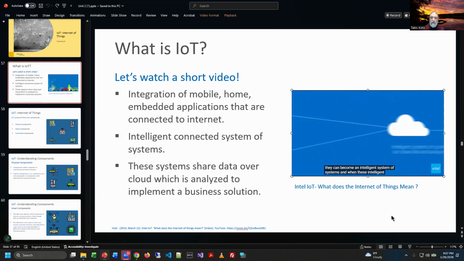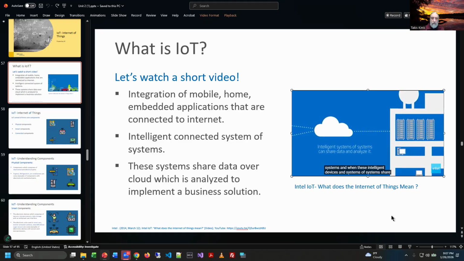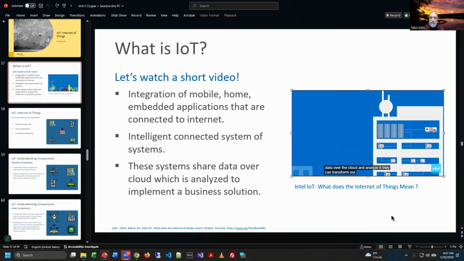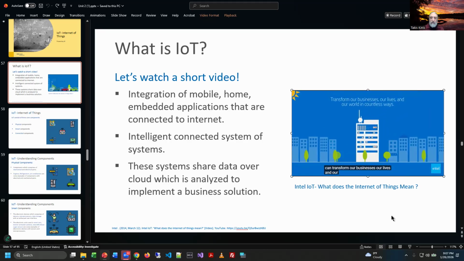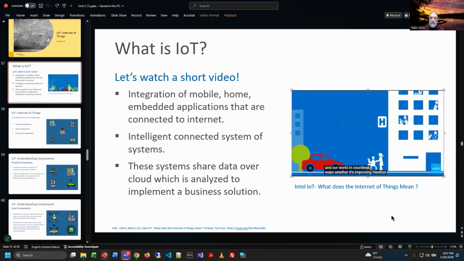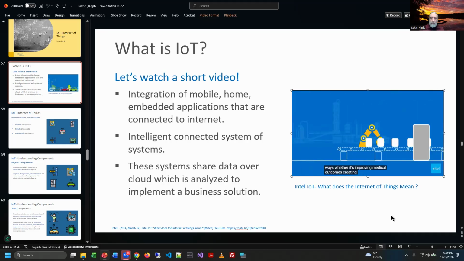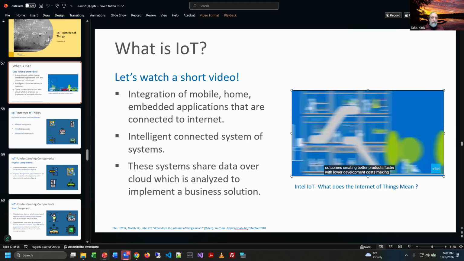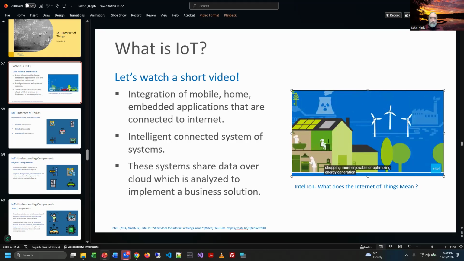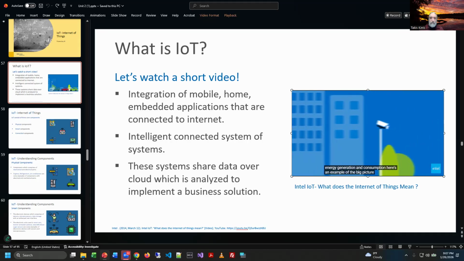And when these intelligent devices and systems of systems share data over the cloud and analyze it, they can transform our businesses, our lives, and our world in countless ways. Whether it's improving medical outcomes, creating better products faster with lower development costs, making shopping more enjoyable, or optimizing energy generation and consumption. Here's an example of the big picture.